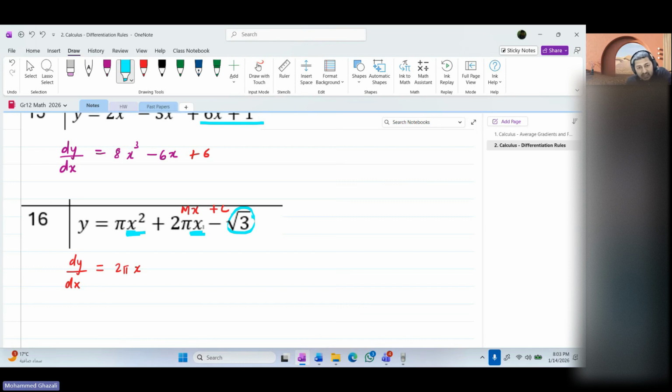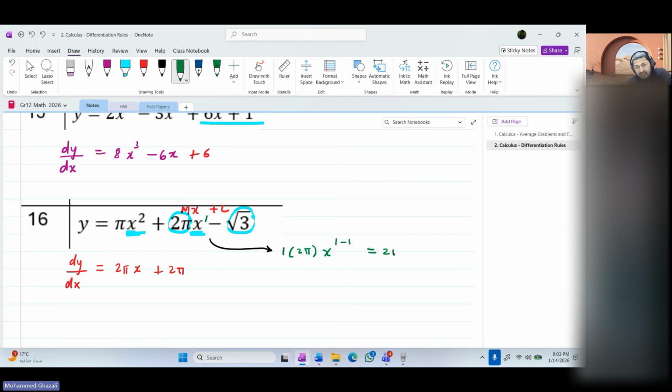So this is already in the form mx plus c. You just need to write down the value of m here, plus 2 pi. That's your answer. But if you want to use a rule, you're going to say 1 times 2 pi, x to the power 1 minus 1, and that is x to the power 0, which is 1.